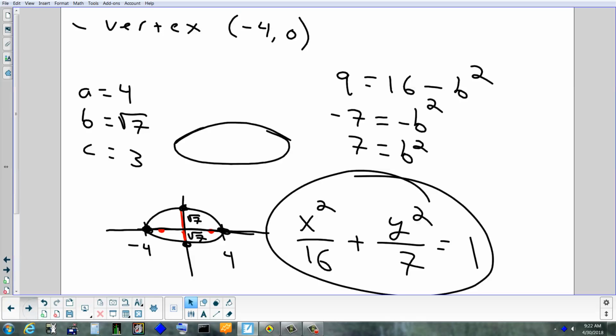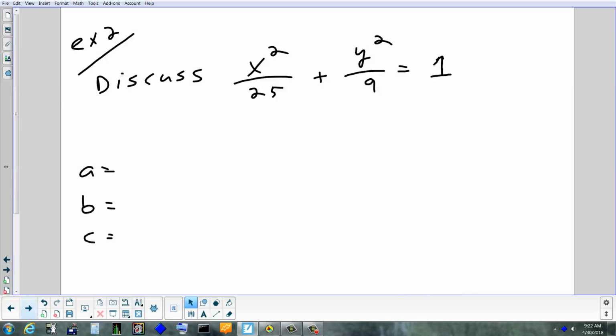All right. So let's try this one. This time, I'm giving you the equation, and I want you to tell me all the important things about it. There's generally 4 things you need to tell me: the vertices, foci, center, direction of the major axis. But to do all that, we're going to start by finding A, B, and C, just like last time.